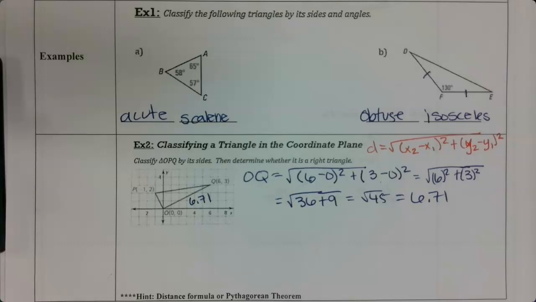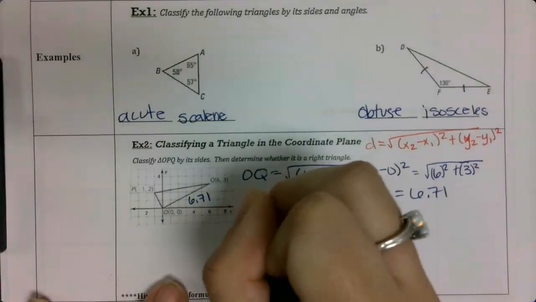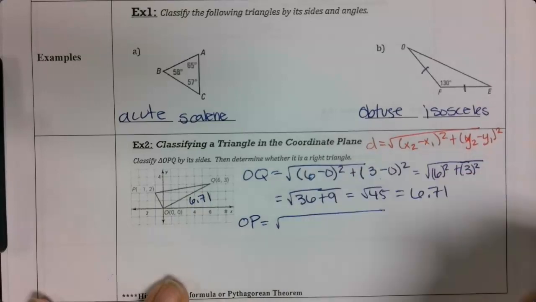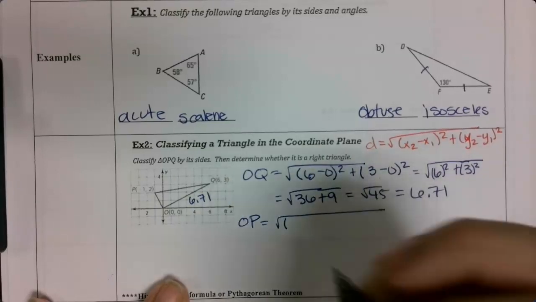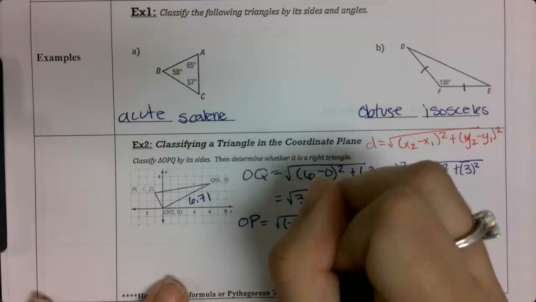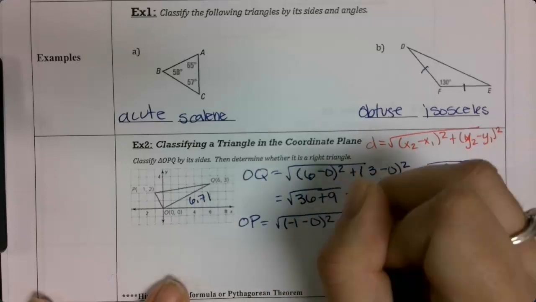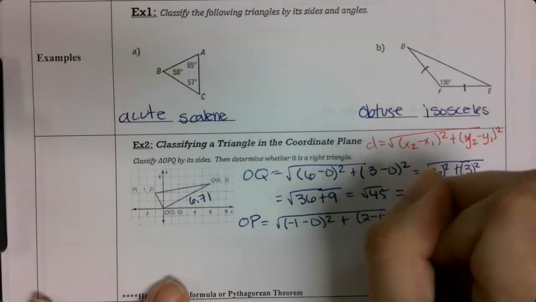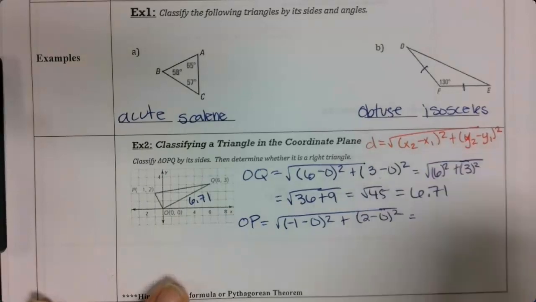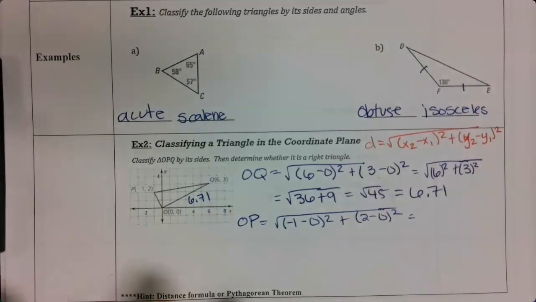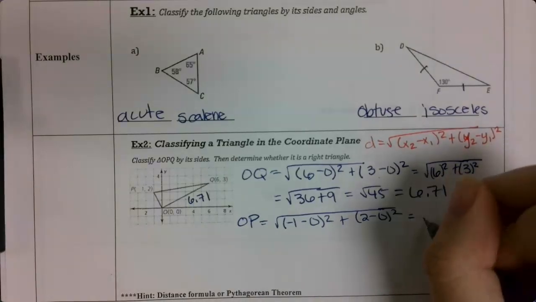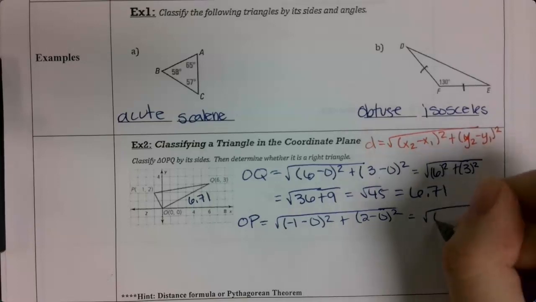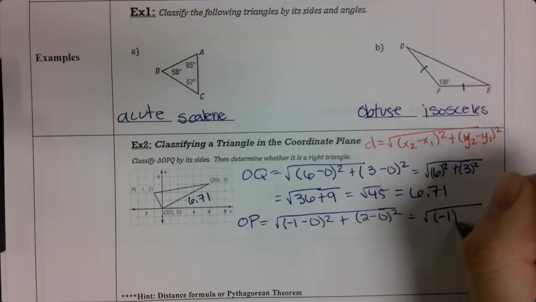Okay, I'm going to do the same thing from O to P. So P is going to be my x2, y2. So that is a negative 1 minus 0, and then 2 minus 0. What's negative 1 minus 0? Negative 1.